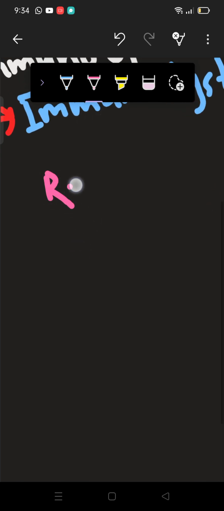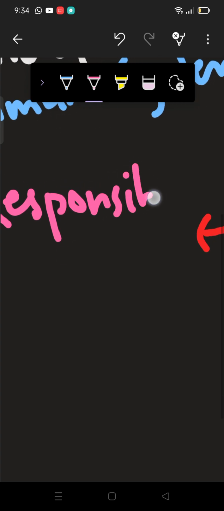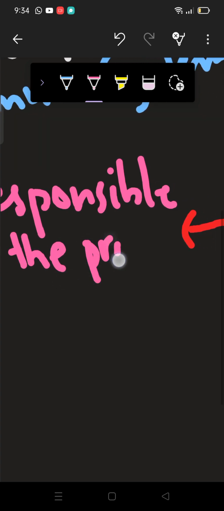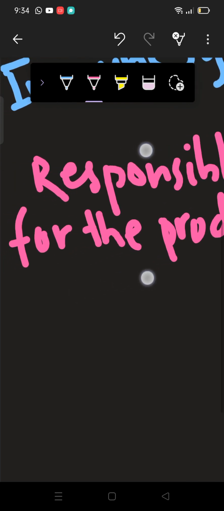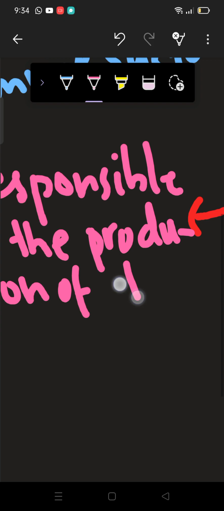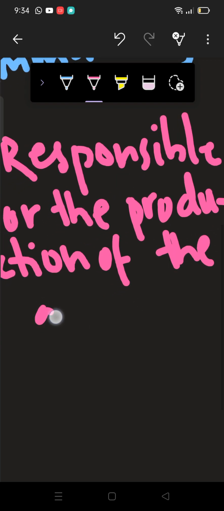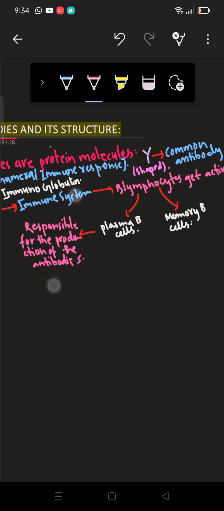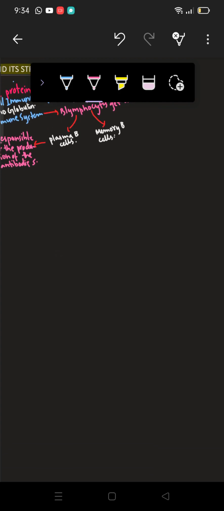Responsible for the production of the antibodies. And what are these memory B cells responsible for?